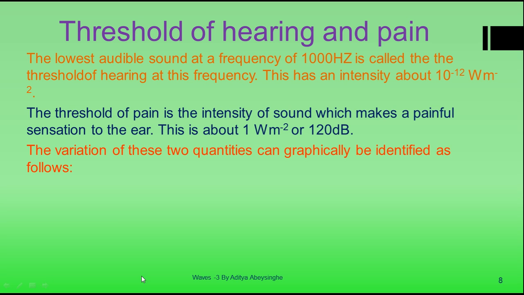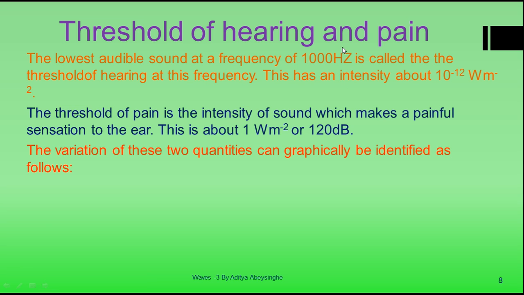So as I mentioned, what are these thresholds of hearing and what are the thresholds of pain? So what are these terms? The threshold of hearing is actually the lowest audible sound at a frequency of 1000 hertz. It's the minimum sound which the human ear can recognize.